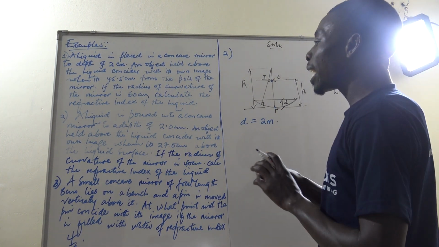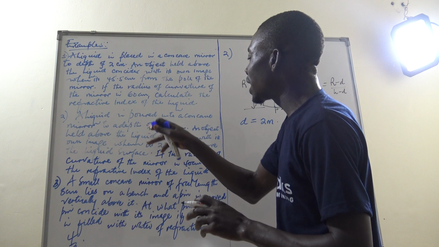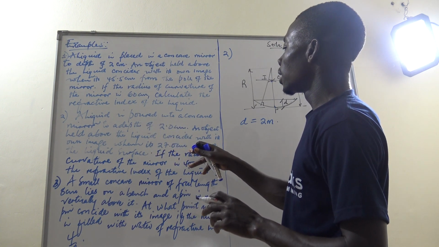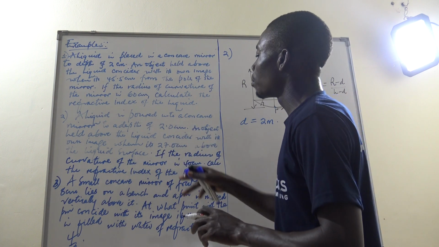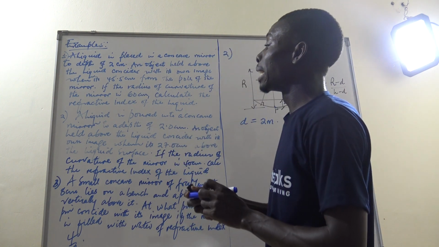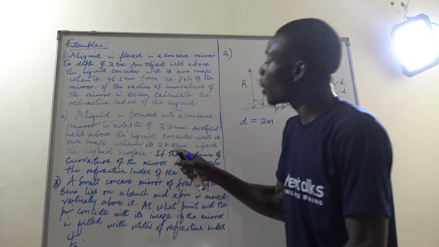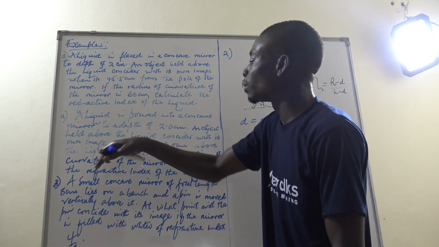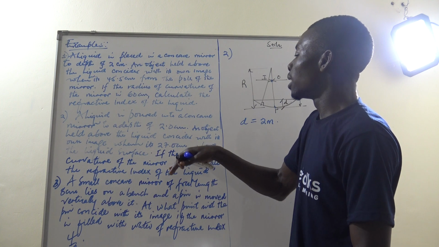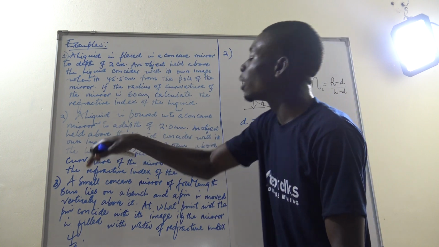And then they're saying that an object held above the liquid, considered when it coincides with its own image, is 27.0 centimeters above the liquid.